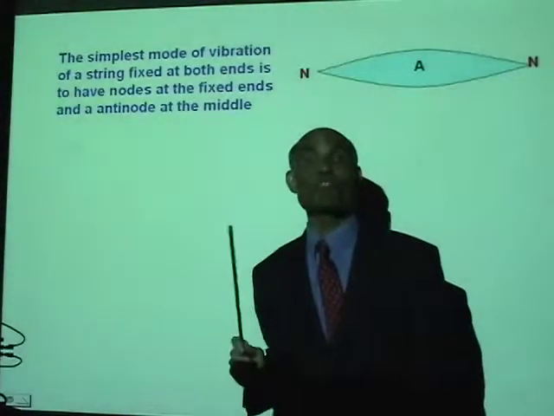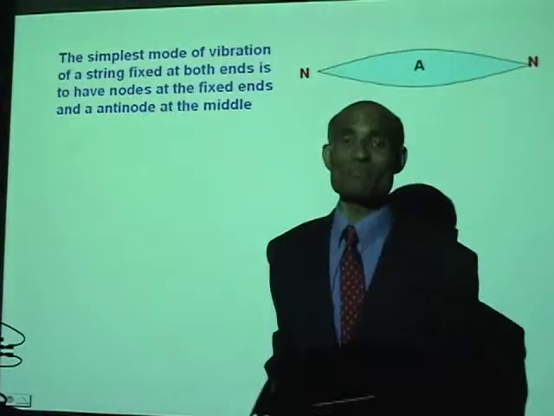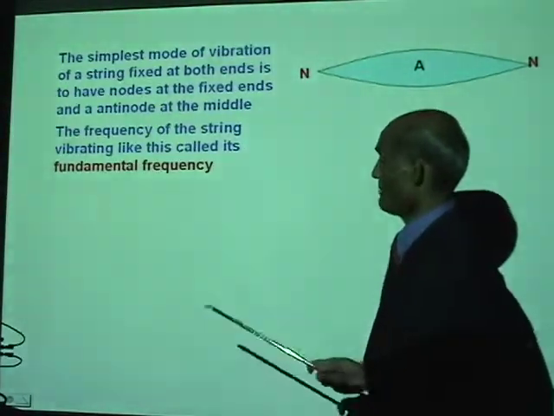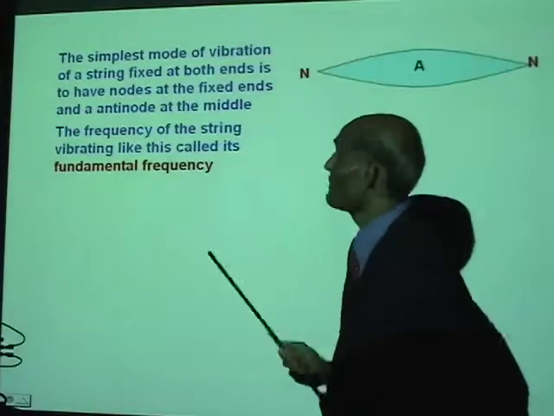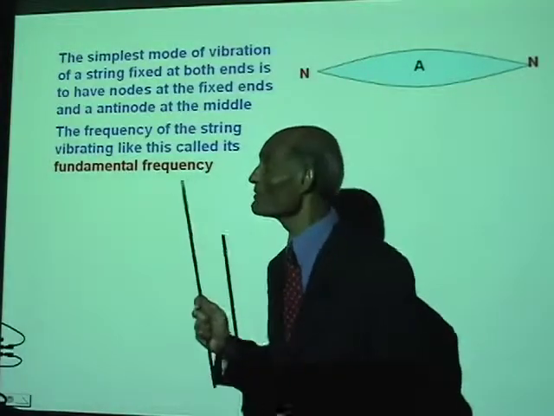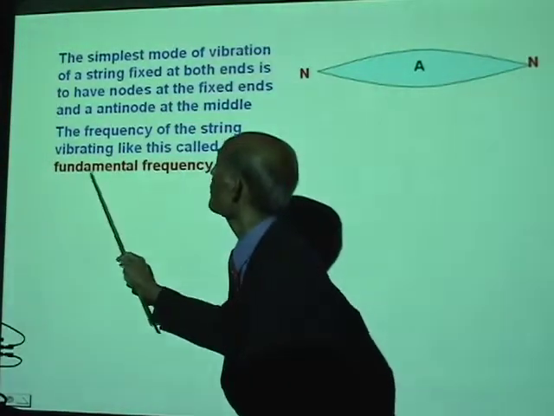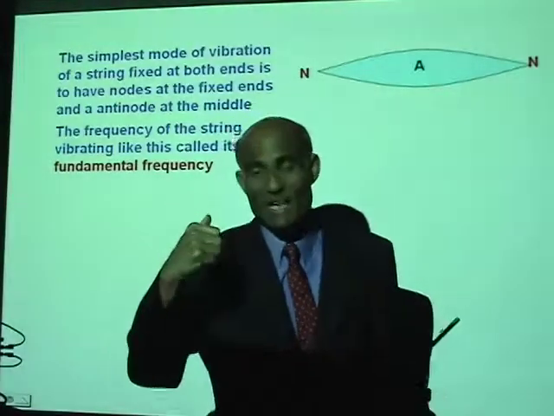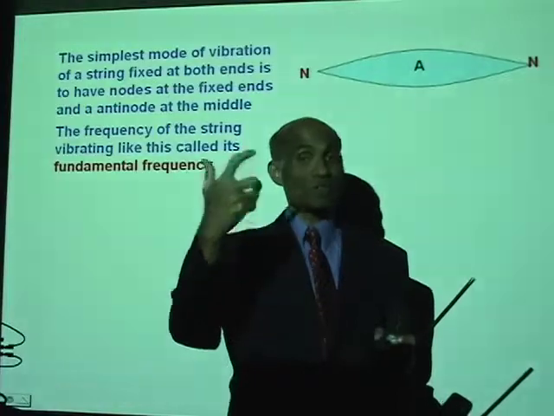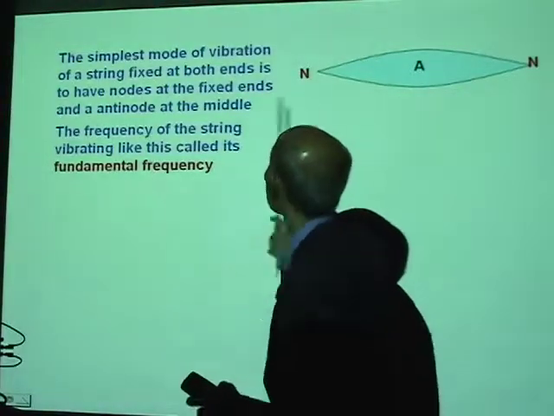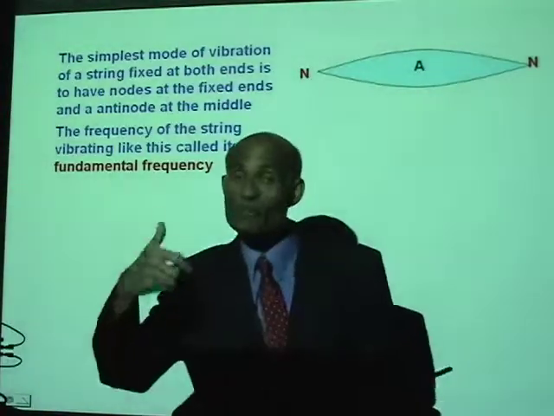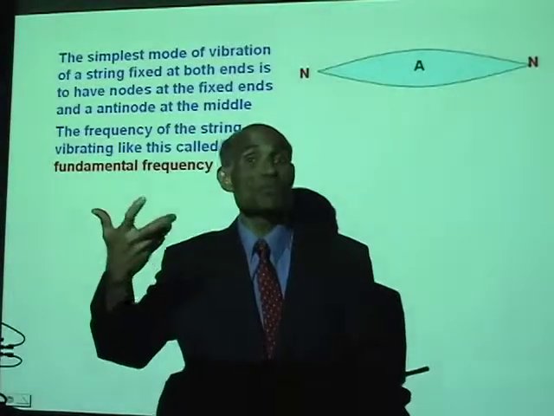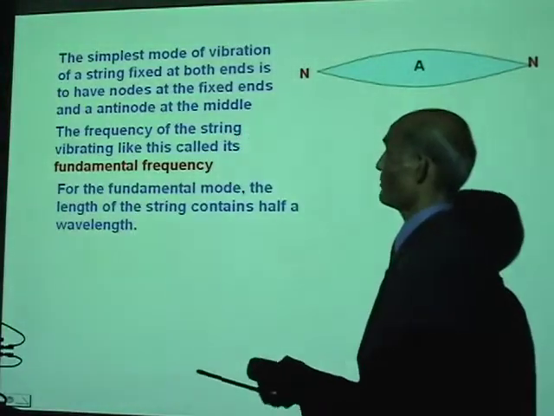This is called the fundamental mode of vibration. And the frequency of vibration of the string when it vibrates like this is called the fundamental frequency. You see, when you strike a guitar wire, most often it vibrates like this, and the sound you hear is the sound of its fundamental frequency.